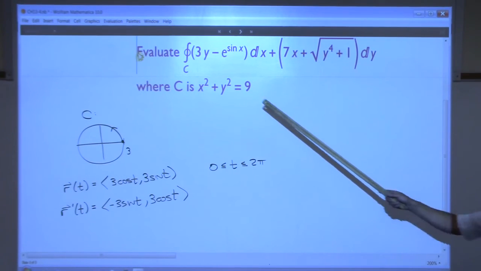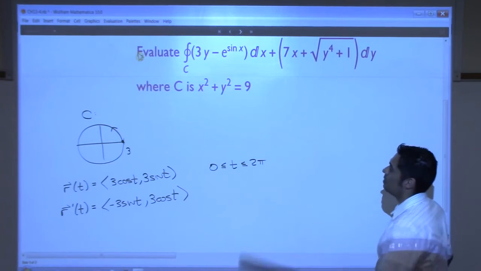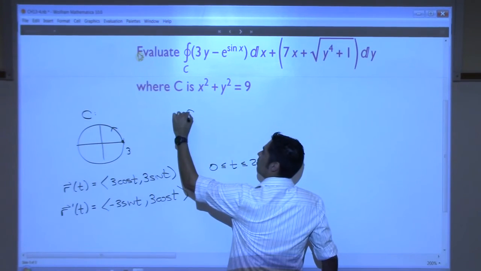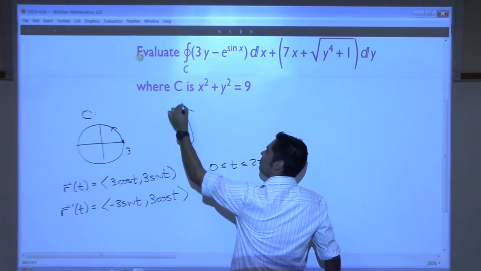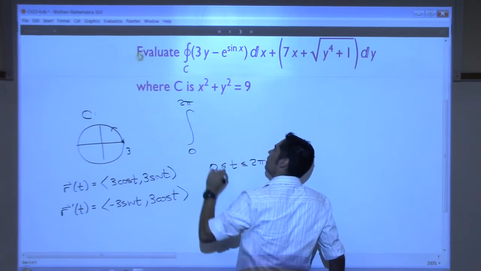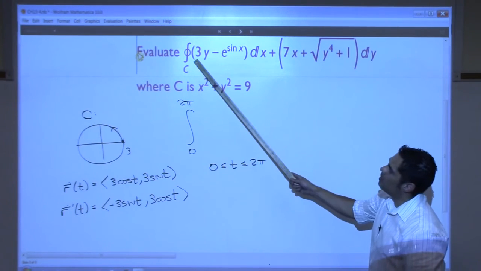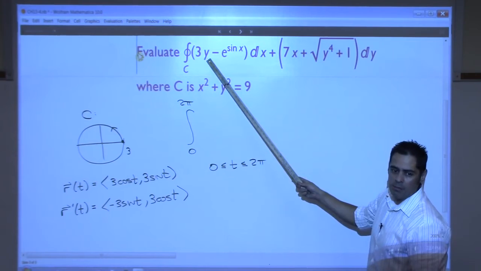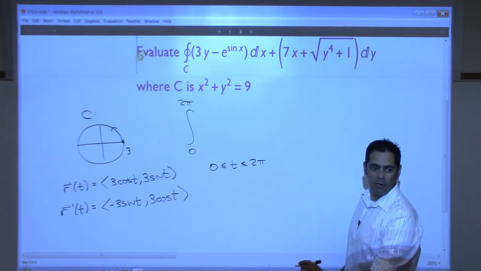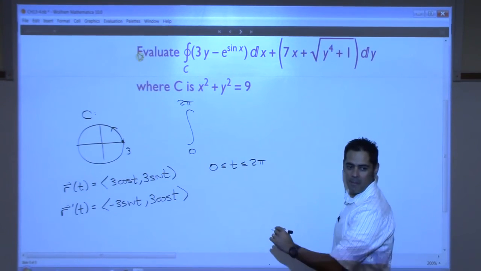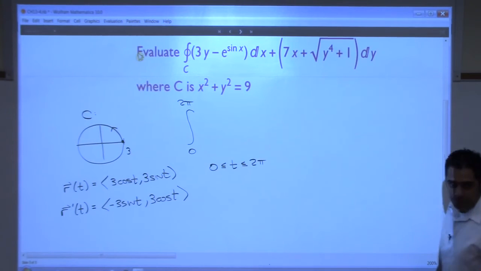Okay, so let's write it. This will become integral from 0 to 2 pi. All right. 3y, which for me would be, what's wrong? Oh, I was just wondering, are we still doing Green's? Oh, I'm sorry. We're doing them both ways.